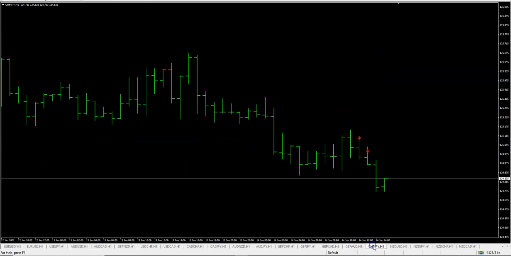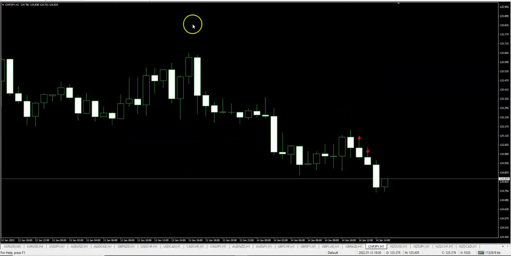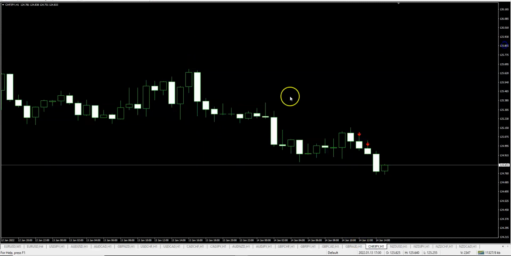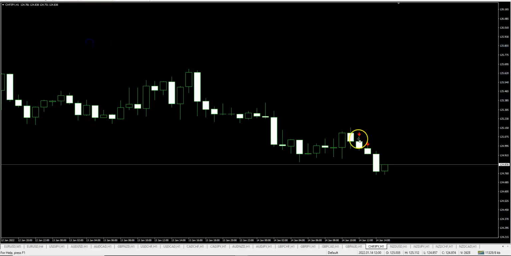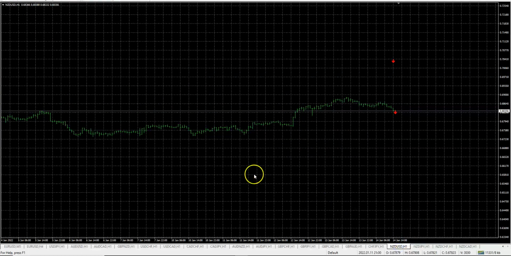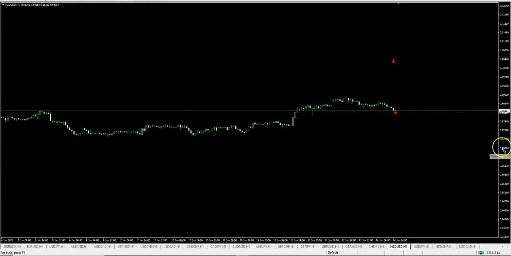So it's a good move that has come. This also has done well. So there was a sell trade at so and so point, and it has gone to around 300 points. This one is still moving.